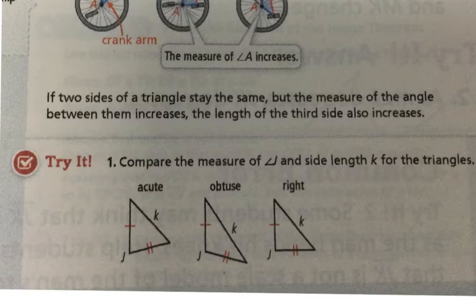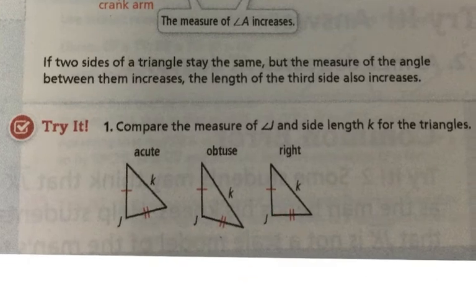Okay, so if you look here on the acute triangle, that means all of the angles are less than 90. And then on the obtuse triangle, angle J is bigger than 90. And then on the right triangle, angle J is exactly equal to 90. So when angle J is at its smallest, that's when side K is at its smallest.